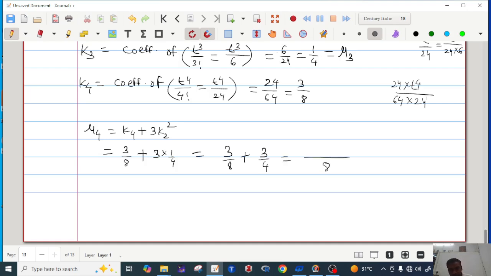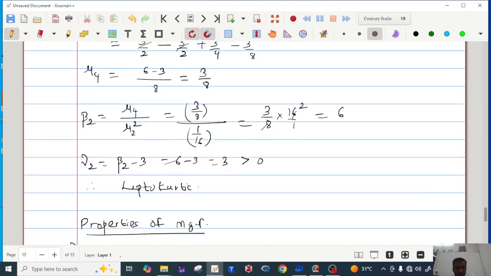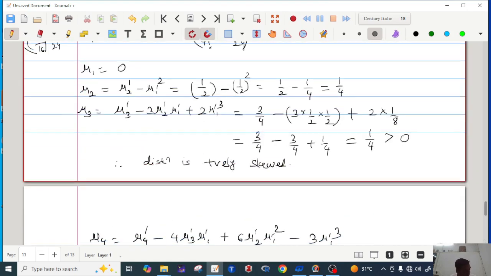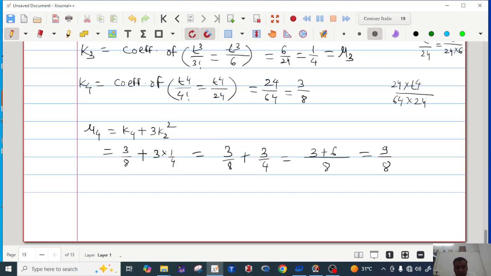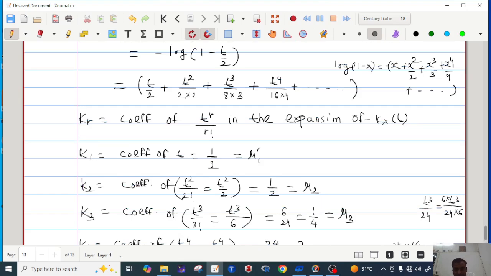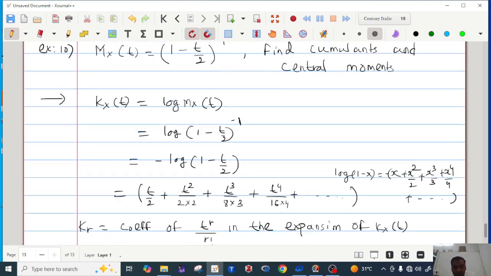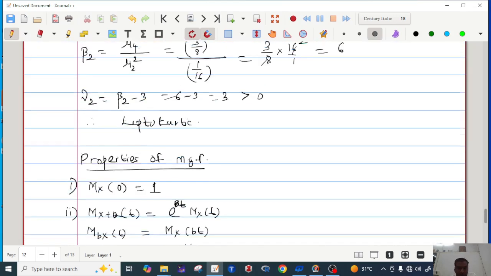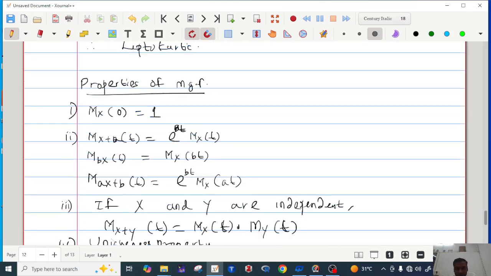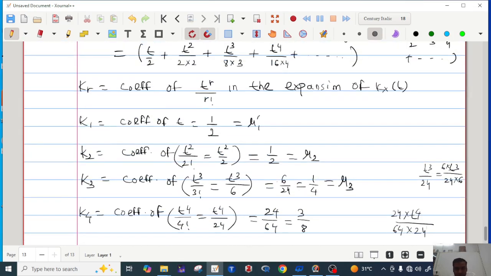If you take the LCM, 8, plus 9/8. It is 9/8. But what did we get above for mu4? Just wait. K2 square, what is k2? Mu2 is 1/2. But what did we get for mu2 above? Mu2 is 1/4. Here we got 1/2. I made a mistake somewhere.